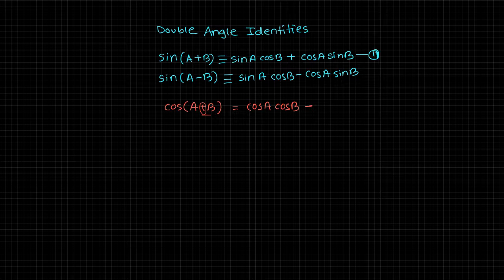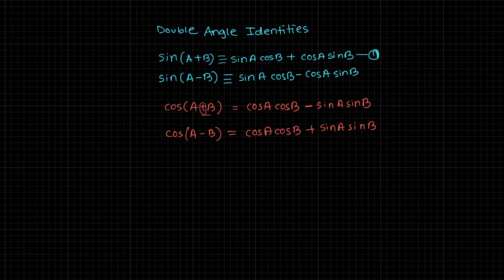So it would be cos A cos B minus sine A sine B. Alright? And as you can understand, the next one would be basically the opposite.